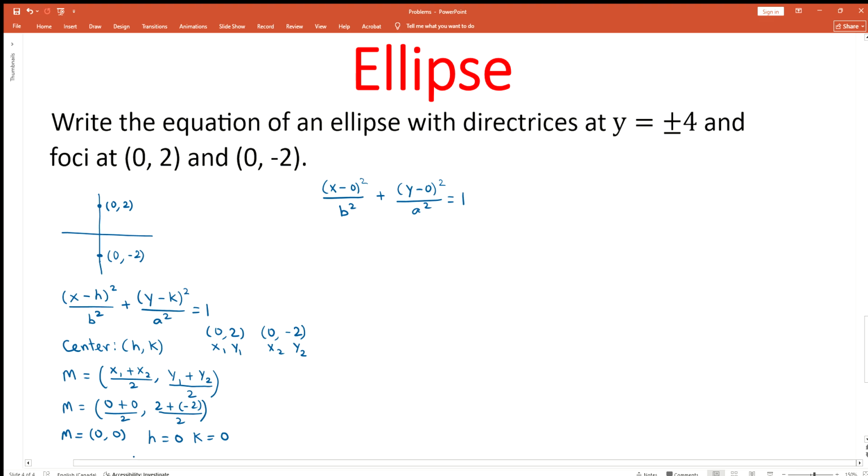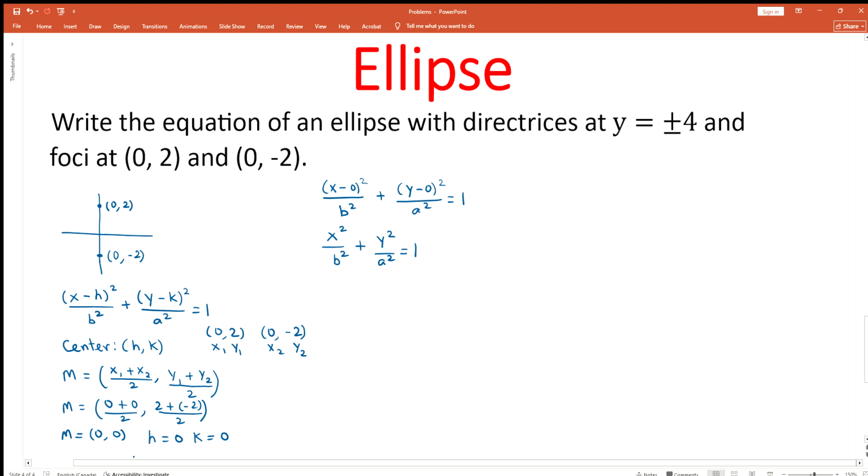We can simplify this equation. x minus 0 is x. So we get x² over b² plus y² over a² equals 1. Next, we have to find the values of b² and a². For that, we'll use the foci points.